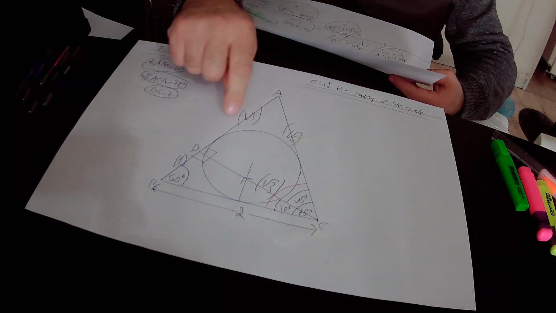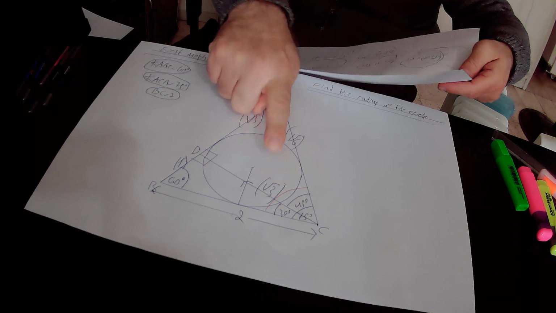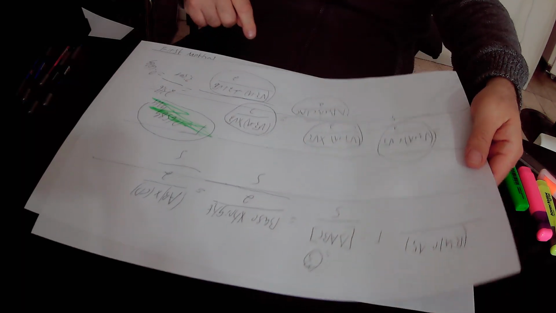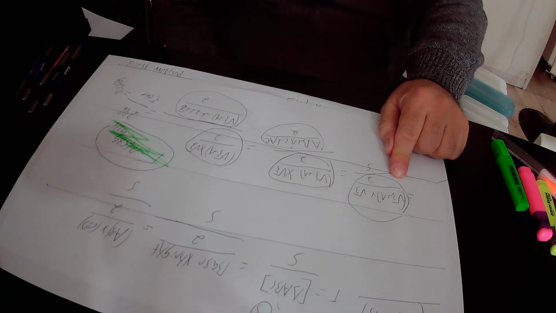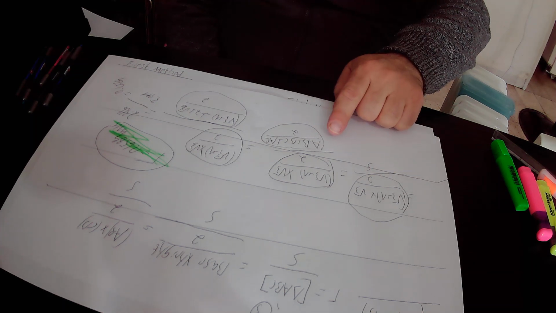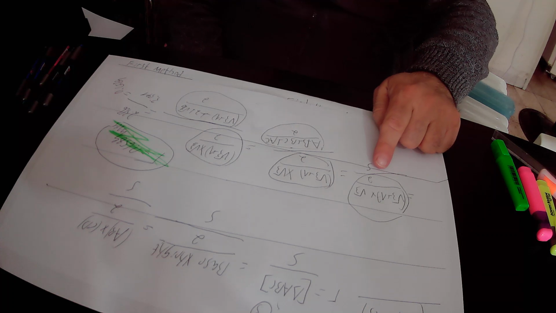CD equals the square root of 3 units. So in total, the area of triangle ABC equals AB, the square root of 3 plus 1, times the height, the square root of 3, divided by 2.